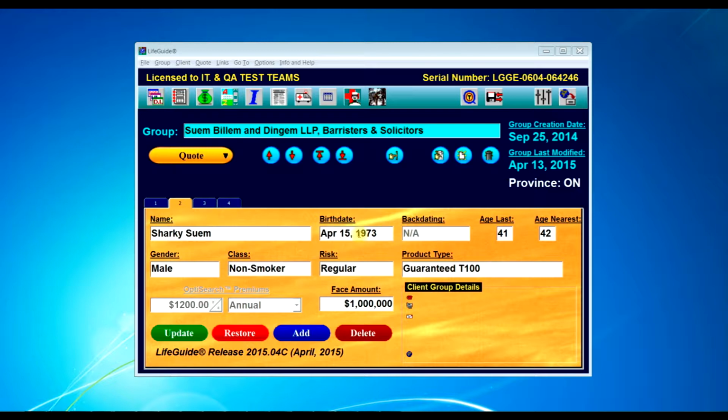So I just left it at age last 41 and age nearest 42, so we don't get confused with the backdating. So it's a male non-smoker, regular, and we're looking at a T100 for this lawyer with a face amount of $1 million. So let's just quote it.